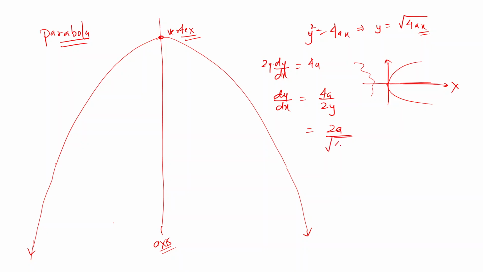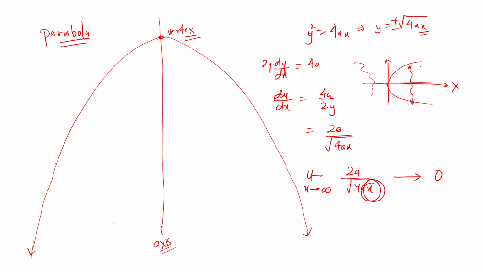For y I can put root 4ax, and if I take the limit x tends to infinity, you will get a very big number down here, and the slope tends to 0. The y is either plus or minus because the height is up or down.